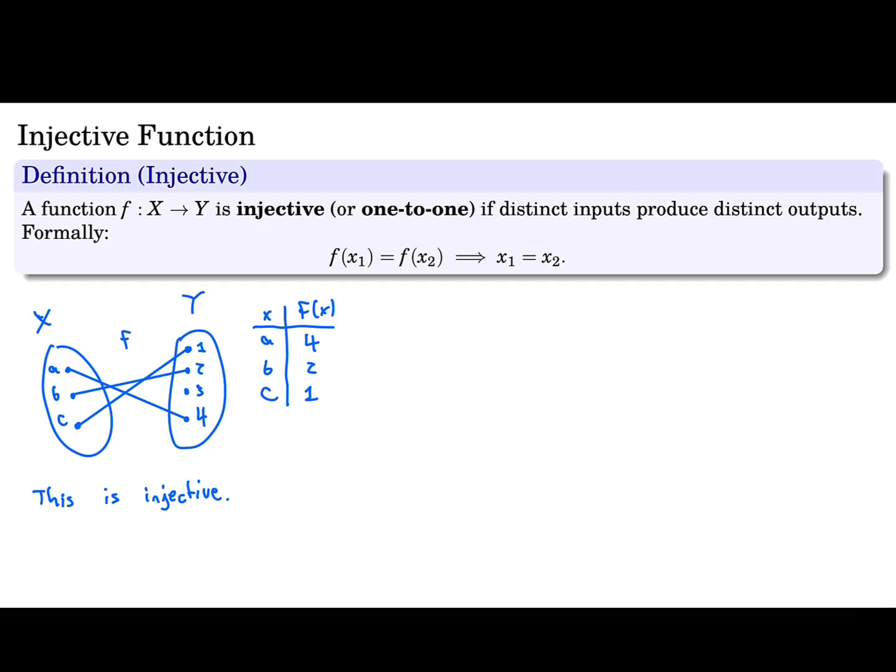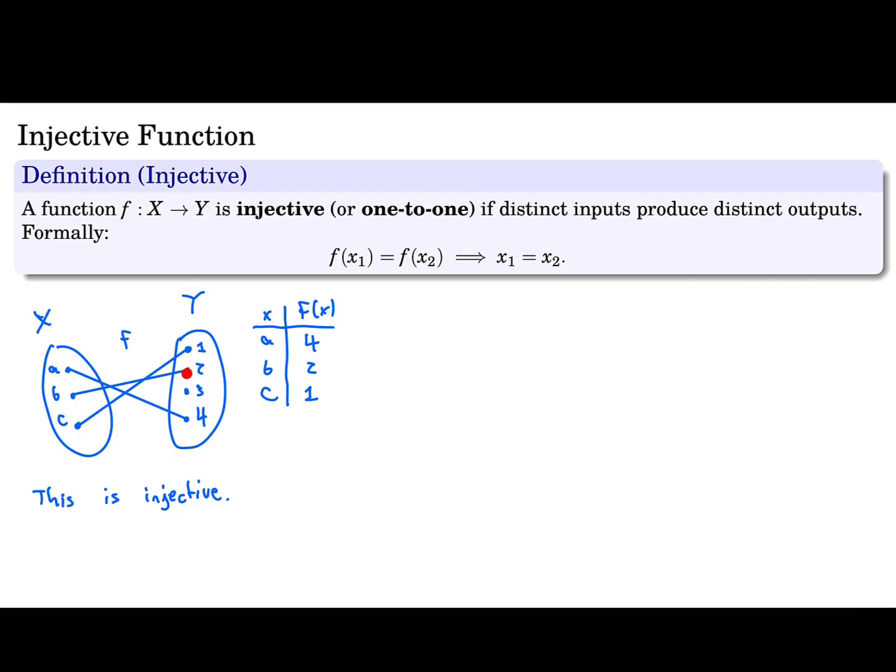Why? You can check that every element here in the codomain is the image of a single element in the domain. One way to check this is, if I look at the diagram and take every element, there's at most one line connecting it.